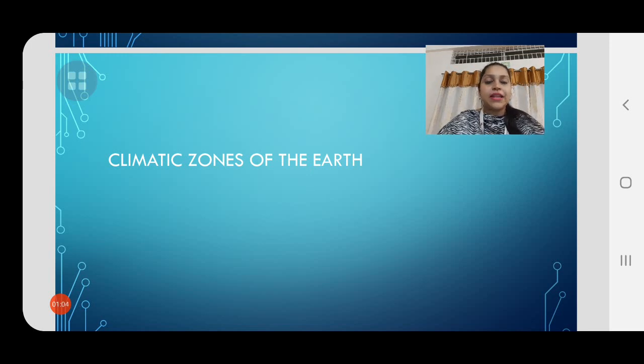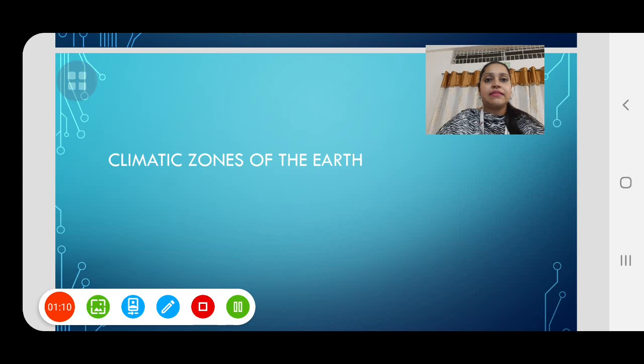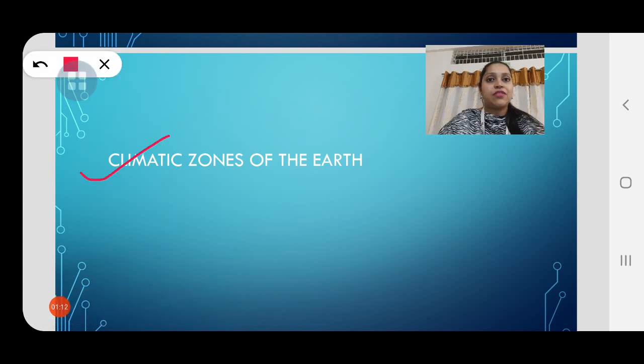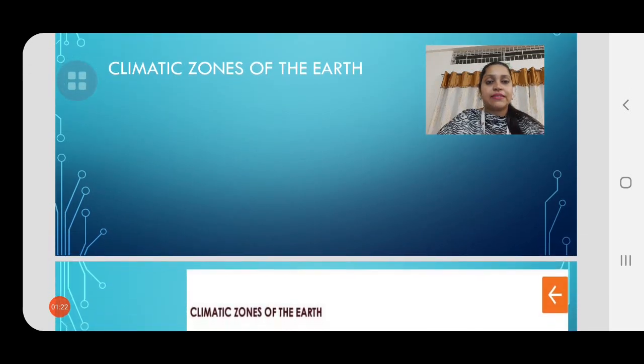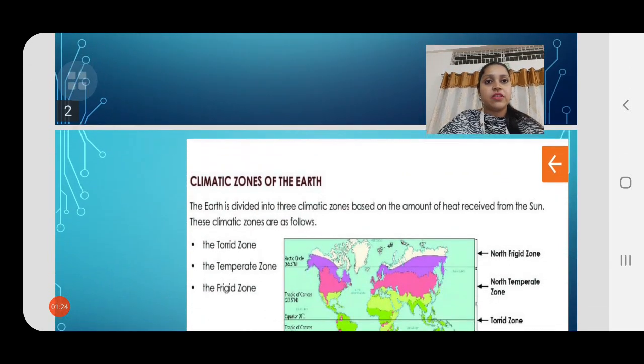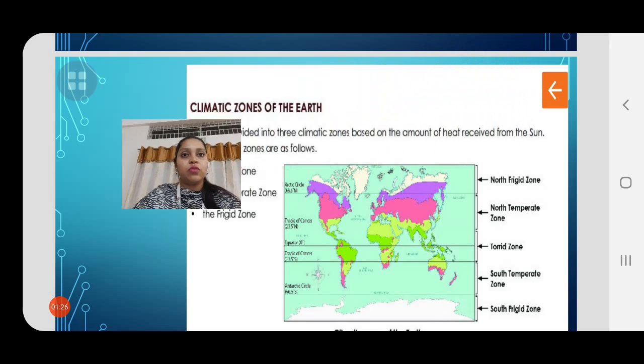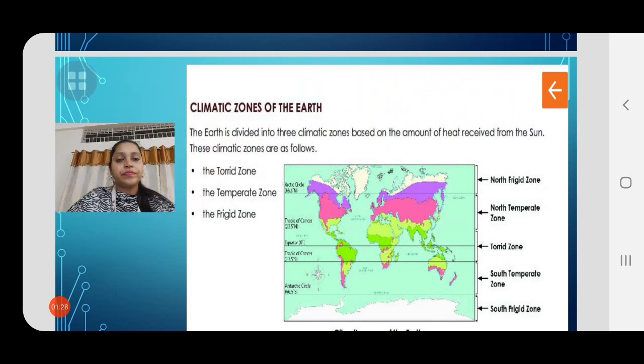From the term climatic, you can understand that the earth is divided into some climate zones. What are the names of these zones, and why is it divided, we'll come to know. So let's proceed with the next slide.